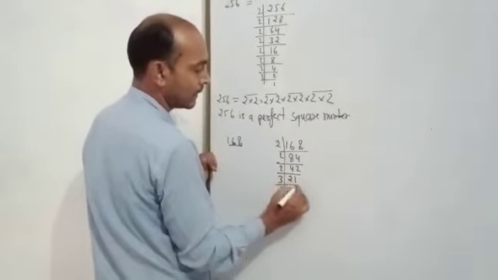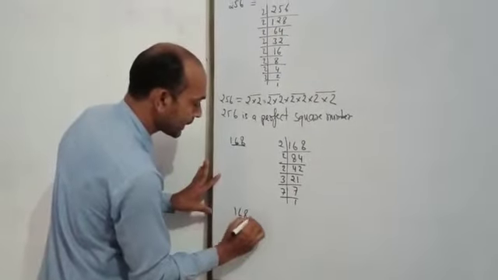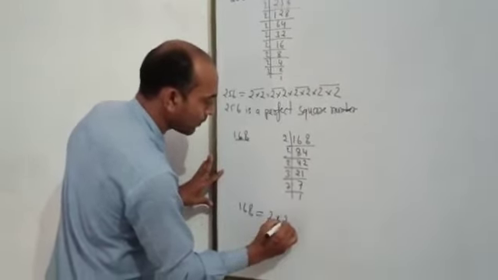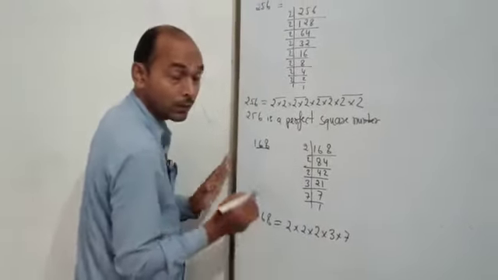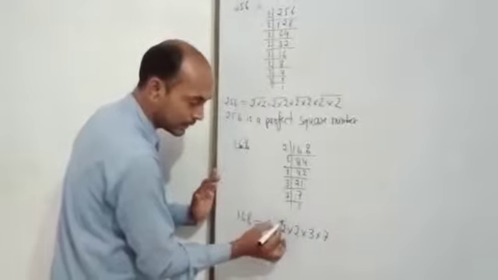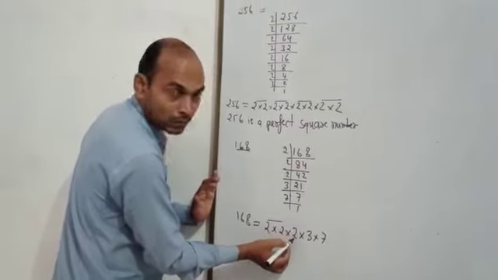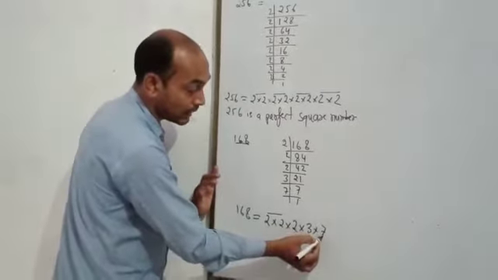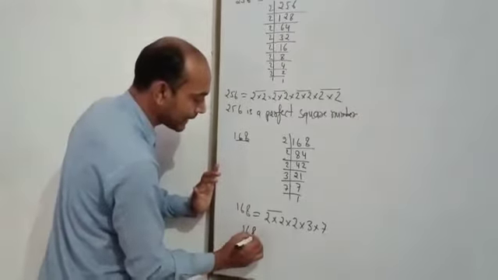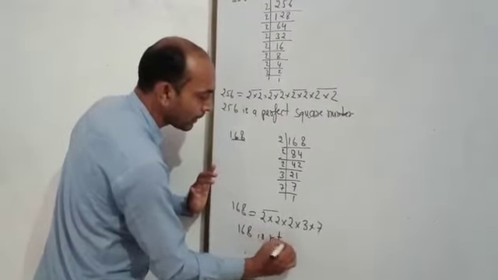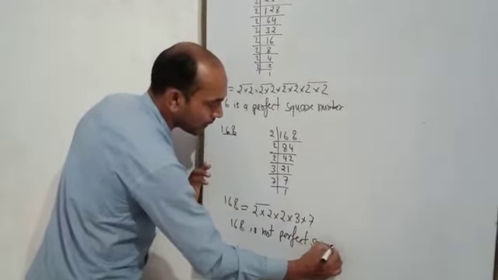It will divide by 3, then 7, and it is over. The prime factorization of 168 is 2 multiplied by 2 multiplied by 2 multiplied by 3 multiplied by 7. Now we make pairs of similar digits. This one is a pair, 2 is alone, 3 is alone, 7 is alone. Here 3 digits are unpaired. That's why 168 is not a perfect square number.